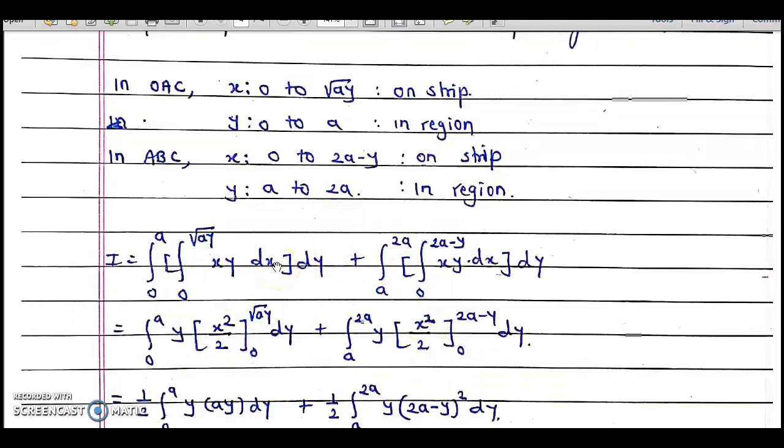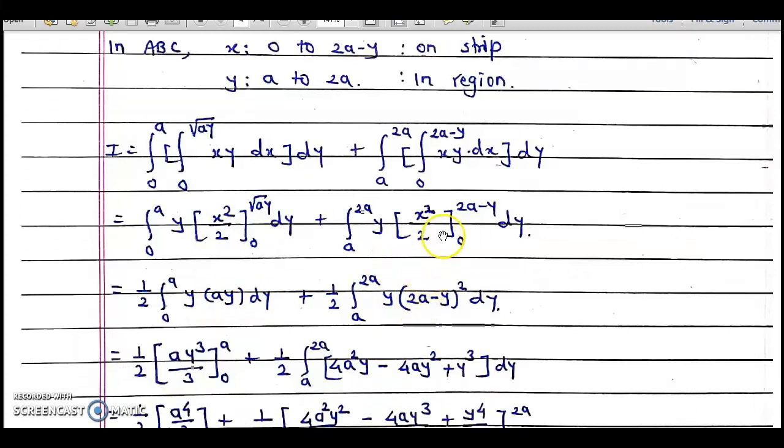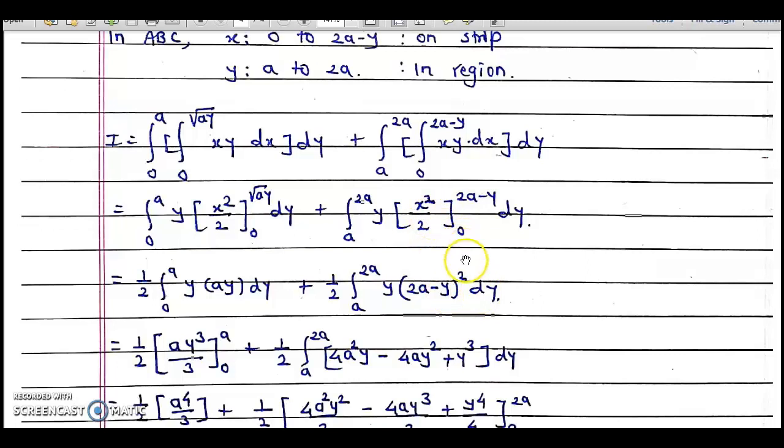And first variable of integration is x. That's why y is constant. x is integrated as x square by 2 in the limits 0 to root ay. Similarly, second integral is integrated in the limits 0 to 2a minus y. So if we substitute upper limit minus lower limit, we get ay here only. And on this line, x square is a, 2a minus y whole square minus lower limit is 0.